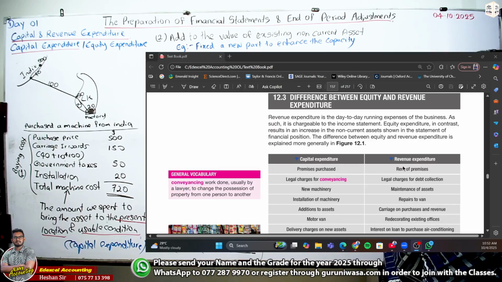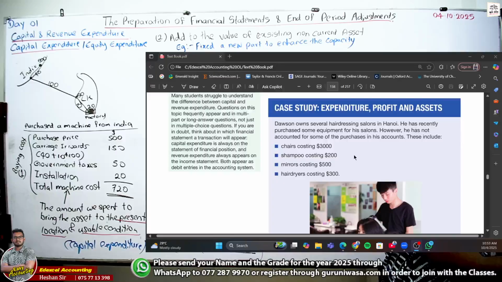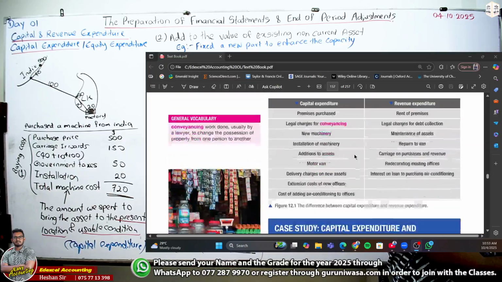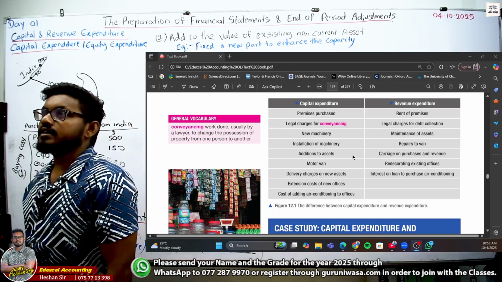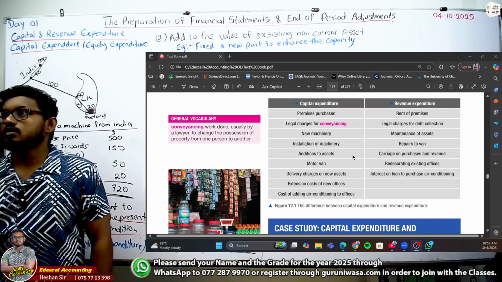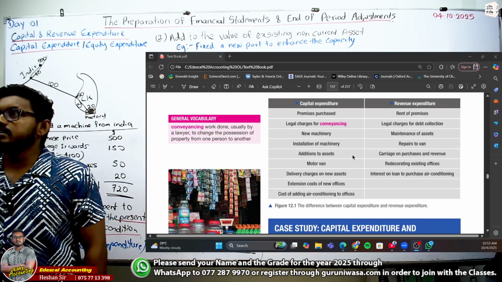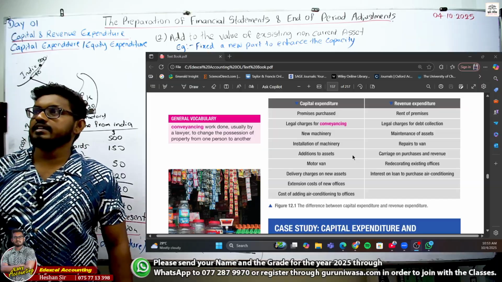You can see capital expenditure and revenue expenditure changes in here. Premises purchase, it's capital. Legal charges for conveyancing, it's a legal charge.